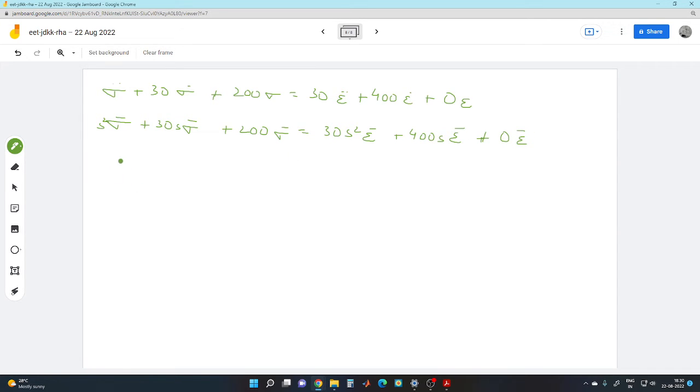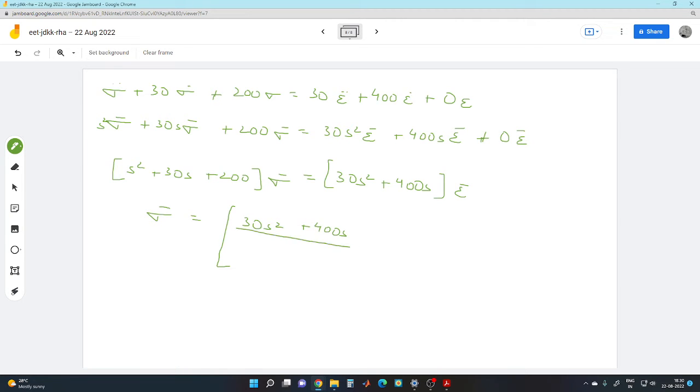So on the left hand side we can write s square plus 30s plus 200 sigma bar is equal to 30s square plus 400s epsilon bar. So sigma bar can be expressed as 30s square plus 400s upon s square plus 30s plus 200 into epsilon bar.